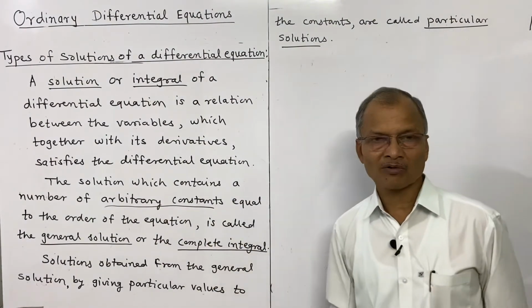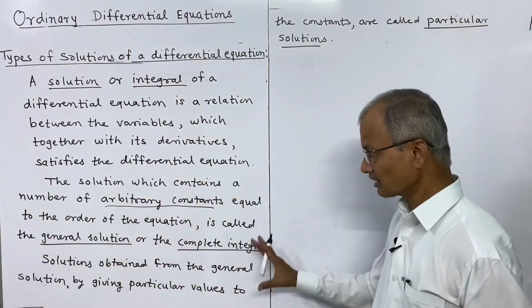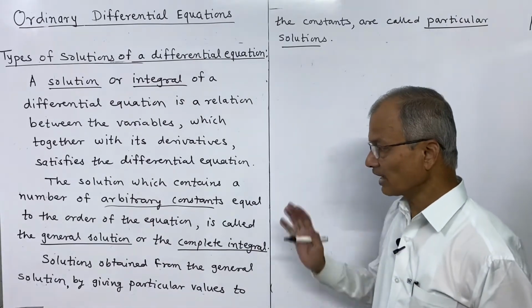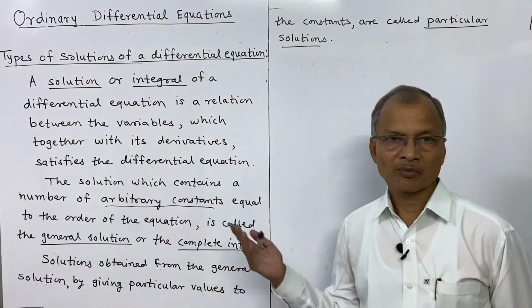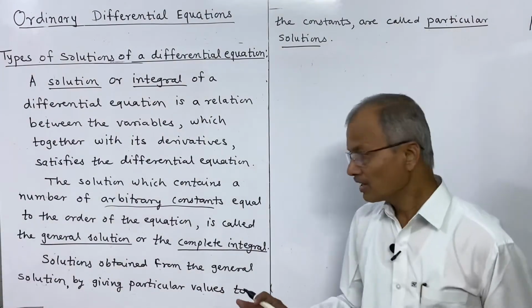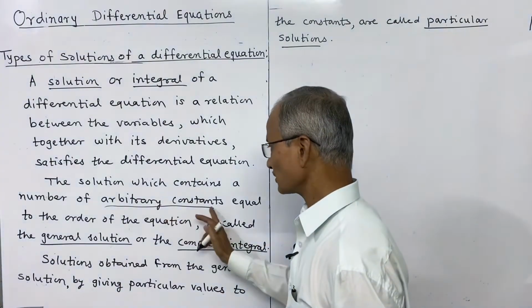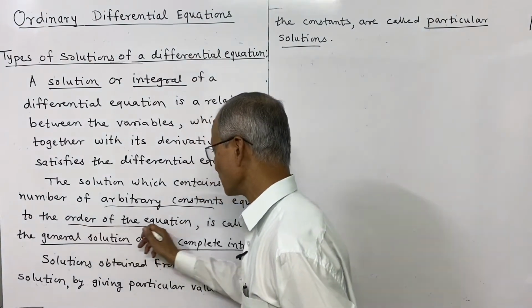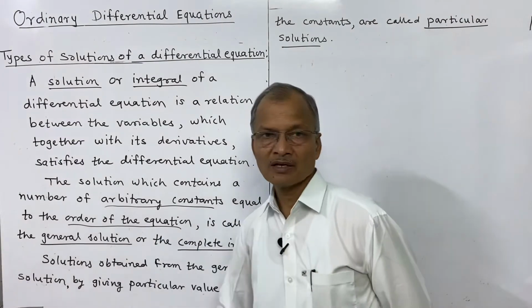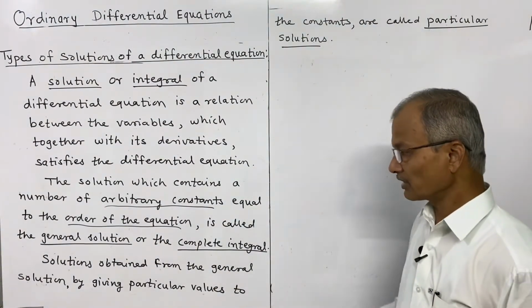We shall consider an example, then this will be more clear. Suppose the number of arbitrary constants is 1 and the order of the differential equation is also 1. So the number of arbitrary constants is equal to the order of the differential equation. These must be the same. Then that solution is known as the general solution or complete integral.